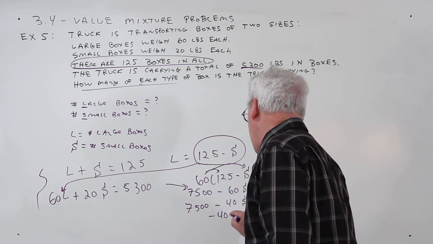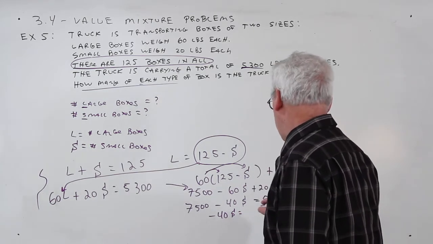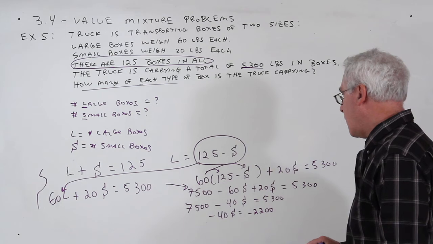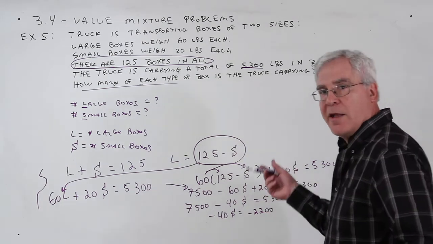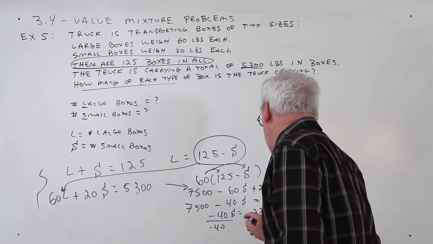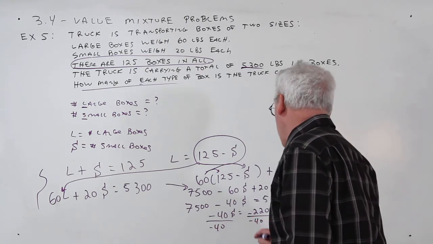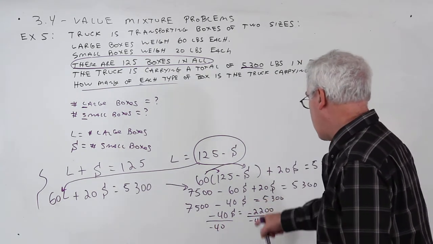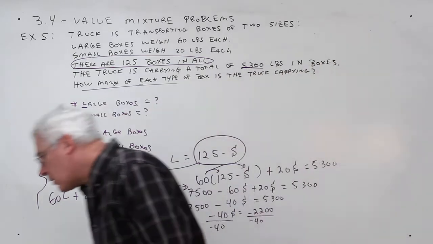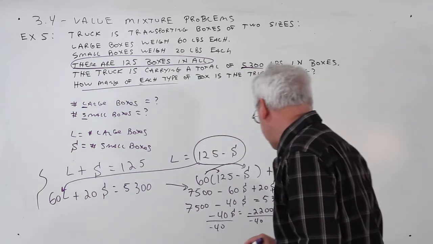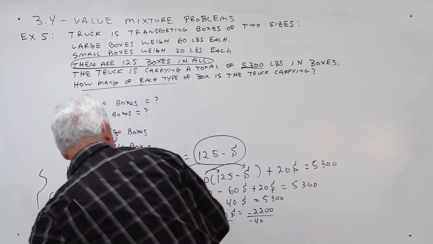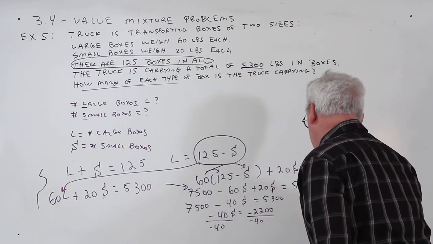Minus 40S equals minus 2,200. A negative, so I'll just divide by negative 40 here. Negative 40 divided by negative 40. A negative over negative is a positive. I worked this out and I got S equals 55.